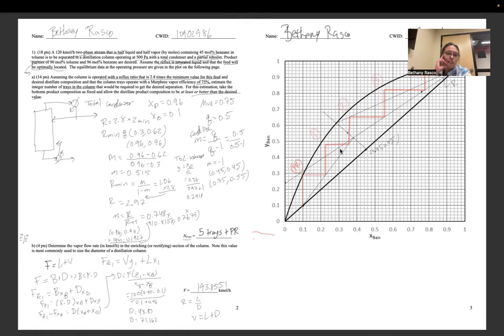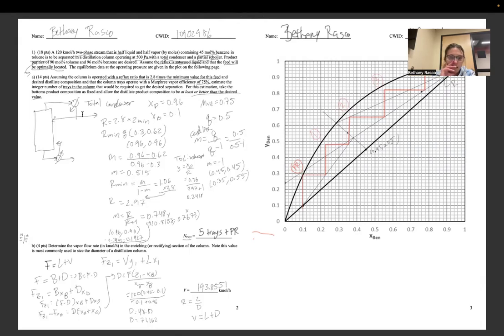For the V, I just did a mass balance on it. I probably should have labeled it, but this is D. So it's F equals B plus D, and then FZ1 equals BXB plus DXD.